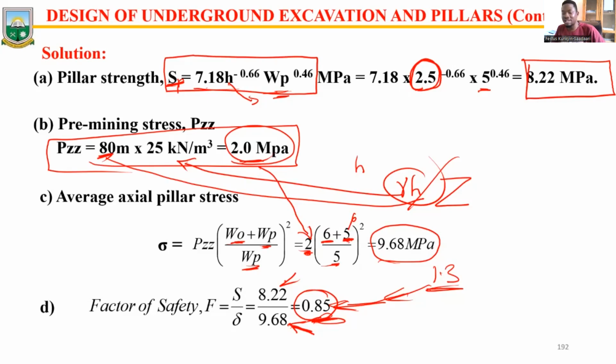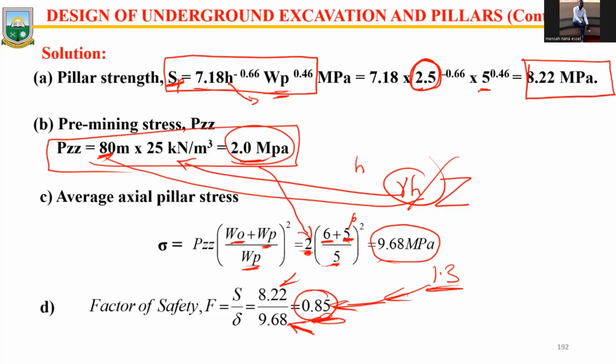Those of us with calculators, please point that quickly, let's see. We are changing the pillar width to 6 because someone said we can increase the pillar width. And let's see if we can get our factor of safety. Doc, 11.52.